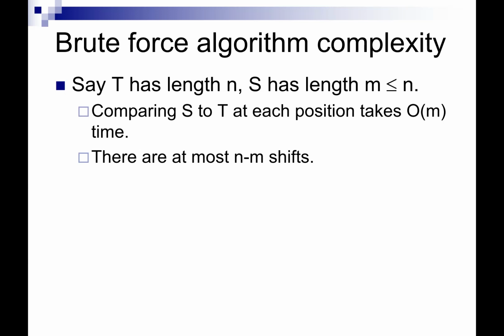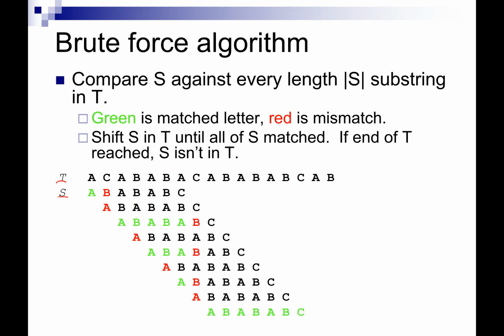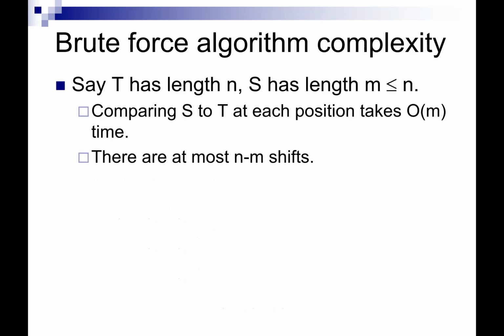Then whenever you do one of these comparisons that we were looking at, in each of these steps we were comparing all of S against some part of T. Since S has length m, the comparison at any location of T is going to take order m time.